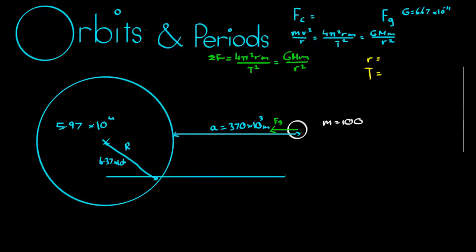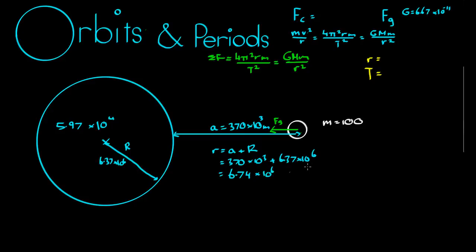So little r here is made up of the radius of the Earth and the altitude of the satellite. So r is equal to a plus big R. That's 370 times 10 to the 3 plus 6.37 times 10 to the 6 that comes to 6.74 times 10 to the 6 meters.